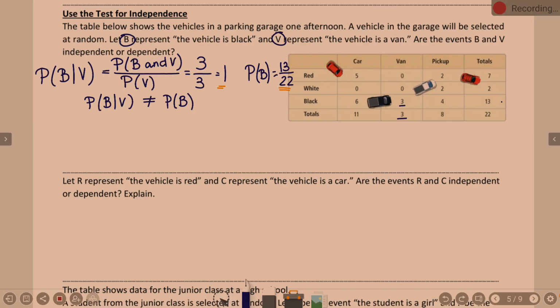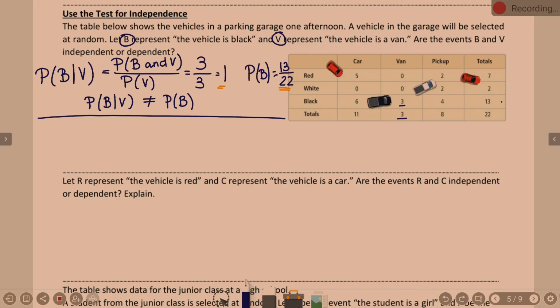Right now it's looking like it fails the test for independence. But I'm going to check the other one too. Let's get us in the habit of checking both. So let's reverse the scenario. We just did, does the probability of B given V equal the probability of B? Now flip it.